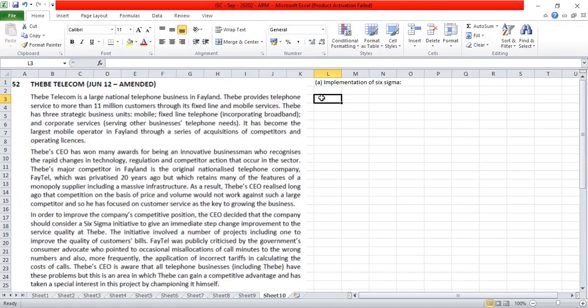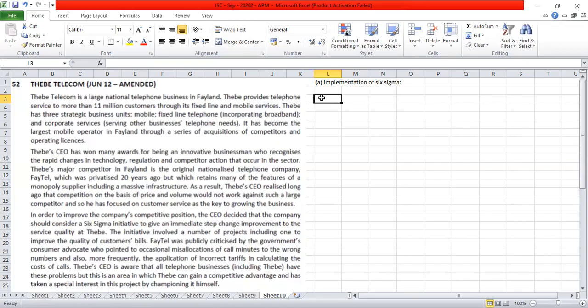Now Fatal is the main competitor of Thebe, but retains many of the features of a monopoly supplier, including a massive infrastructure. As a result, Thebe's CEO realized long ago that competition on the basis of price and volume would not work against such a large competitor.